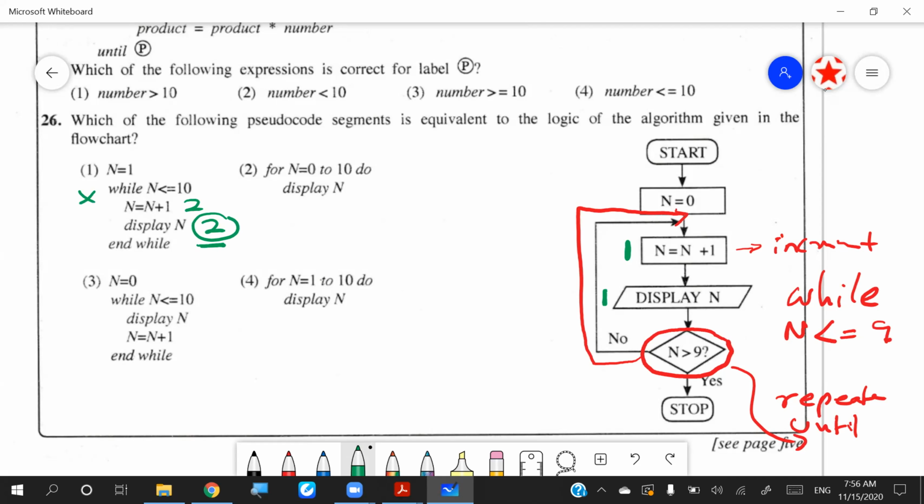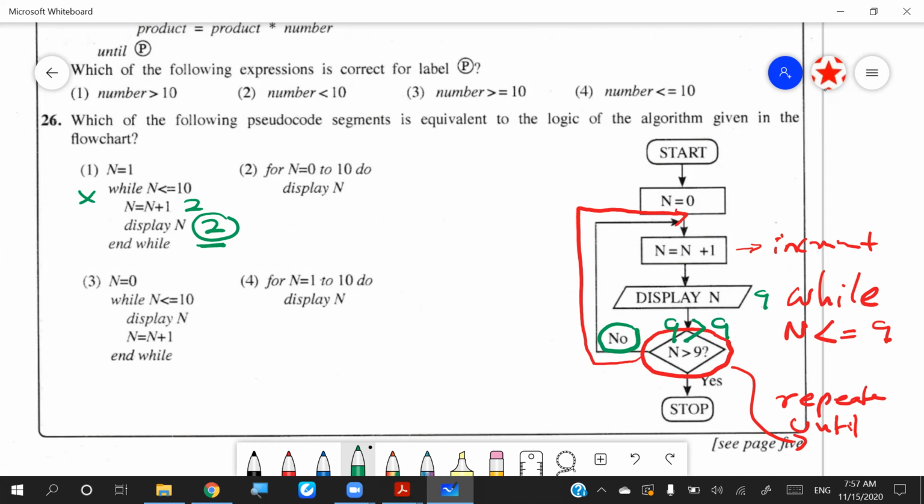The second one, for n equals 0 to 10, again the incrementing part is given because it goes from 0 to 9, and displays n. Now, when n has value 9, 9 will be displayed here, and this will be checked whether 9 is larger than 9.